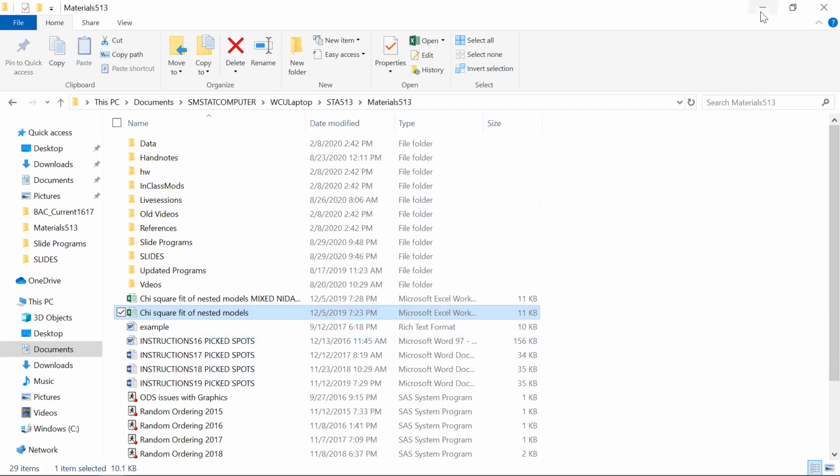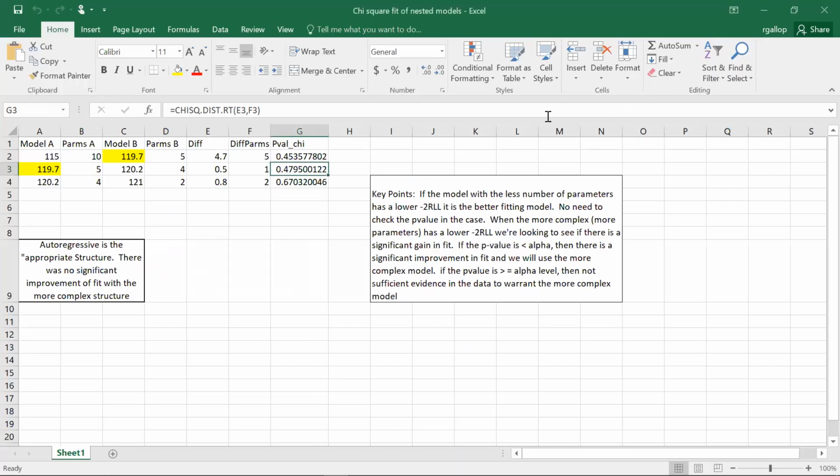What we're basically doing is we're making more restrictions to some of the variance covariance matrices. So for us, what we need is model A minus 2 restricted log likelihood, AIC, AICC, BIC. Whichever one you want to use, just stick with that consistently.